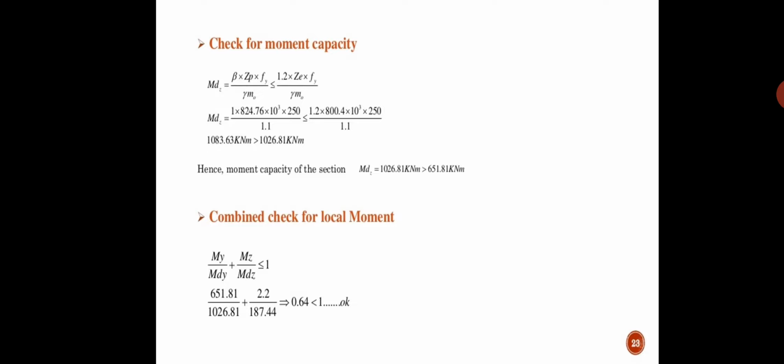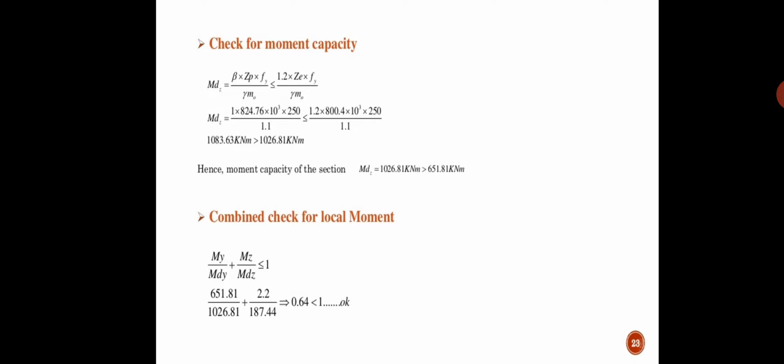Now we do the combined check for the local capacity because our gantry girder moves in the Z and Y direction, so we require the combined capacity of moment. In that, the codal provision gives the equation My upon Mdy plus Mz upon Mdz, which should be less than or equal to 1. So we calculate all four values.